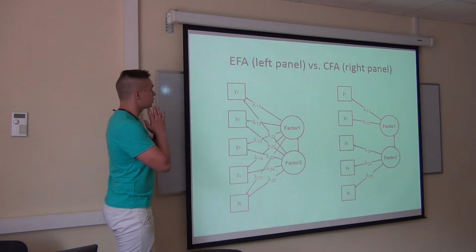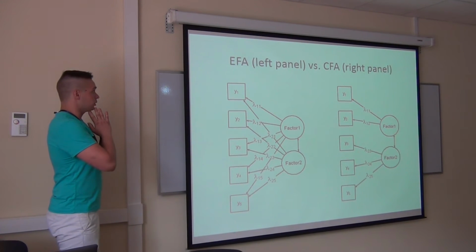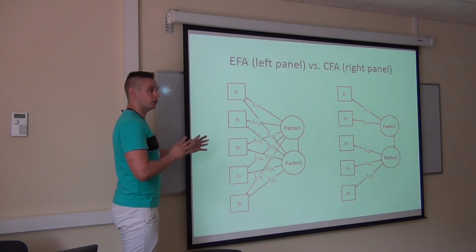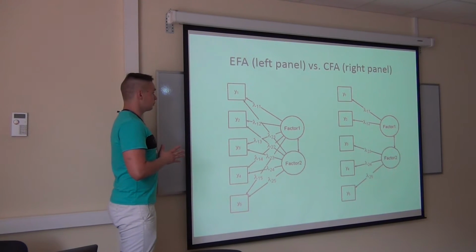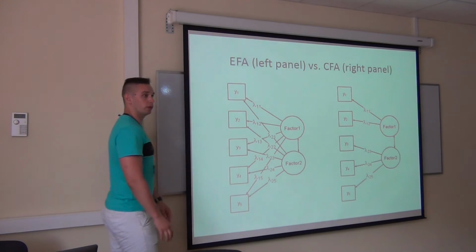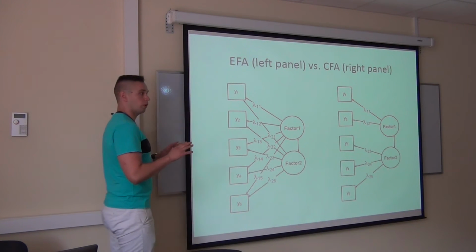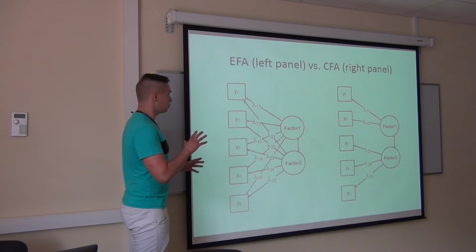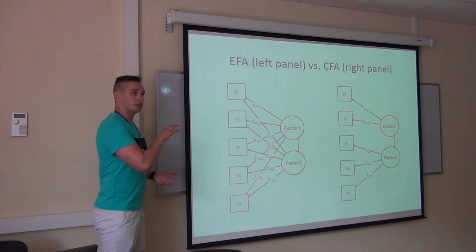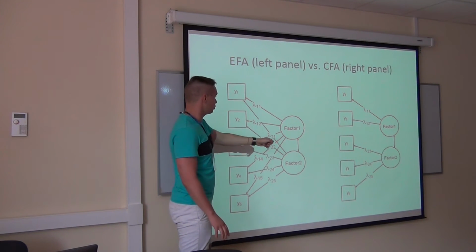There is one formal difference between these two methods. If we try to maximize the amount of explained variance in observed indicators, it estimates all possible factor loadings. For example, we have the same 5 indicators, and we found that 2 factors can explain a large amount of variance, but in this model we assume that each indicator is related to each factor.